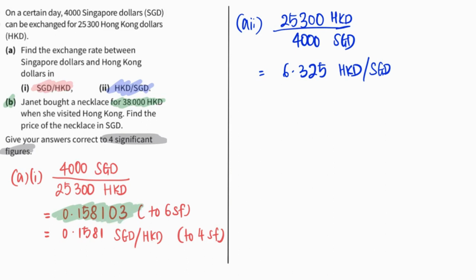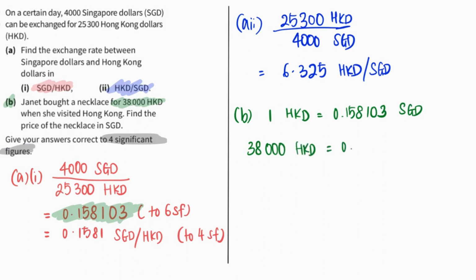All right, so for part B, 1 Hong Kong dollar represents 0.158103 Singapore dollars. And now we have 38,000 Hong Kong dollars.